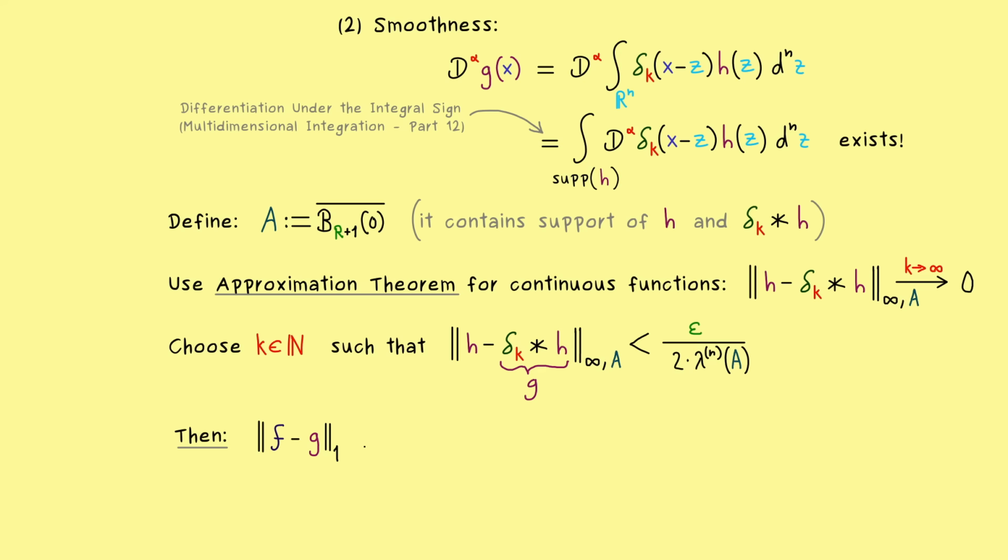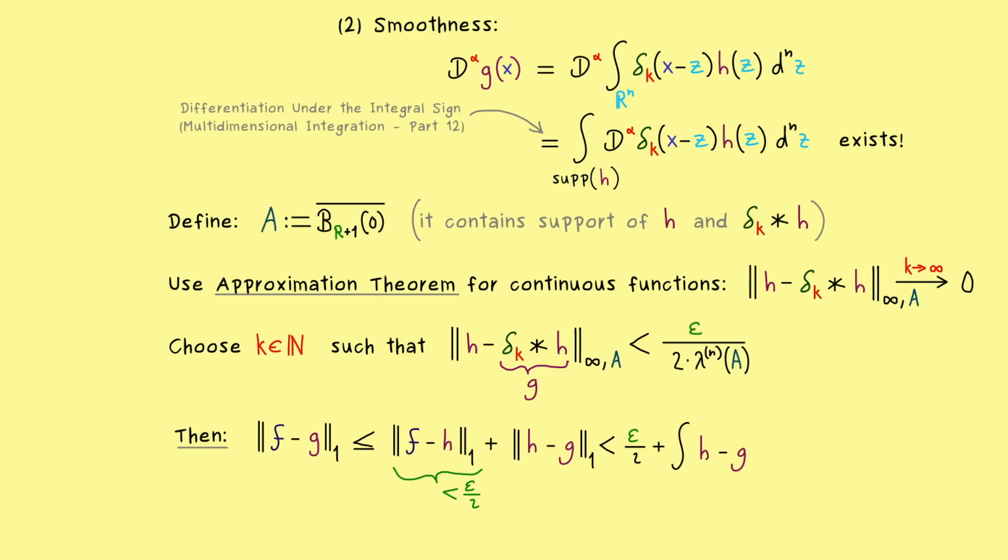So what we want to have is that this difference in the L1 norm is less than epsilon. And there you might already guess that we can just use the triangle inequality with the function h. This is already helpful because h was chosen in such a way that the first part here is less than epsilon half. And in addition, the second part we can also just write down by using the definition of the L1 norm.